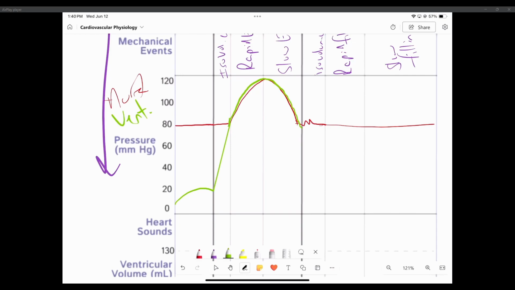Then what is the next step to happen for diastole? What do the ventricles do in the first phase of diastole? Isovolumic relaxation. What's going to happen to our ventricular pressure right now? Going to drop.